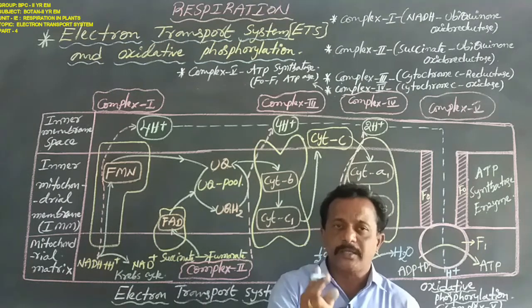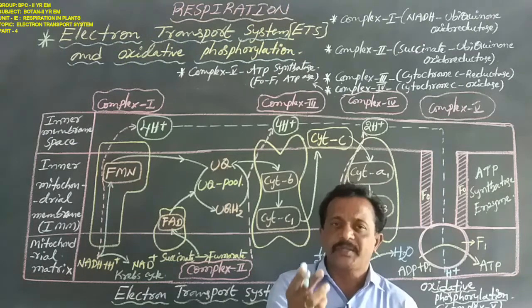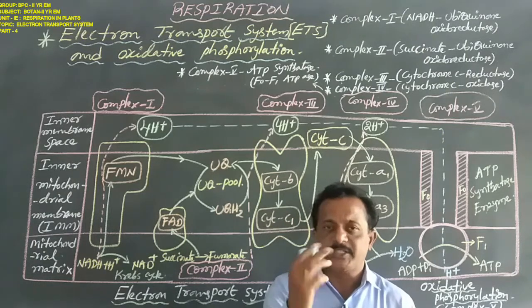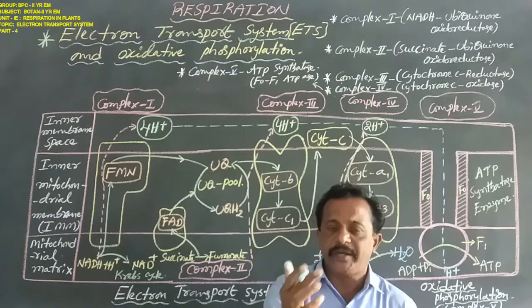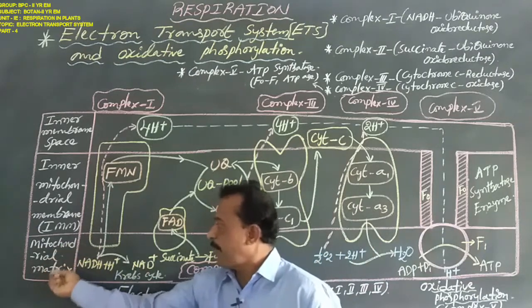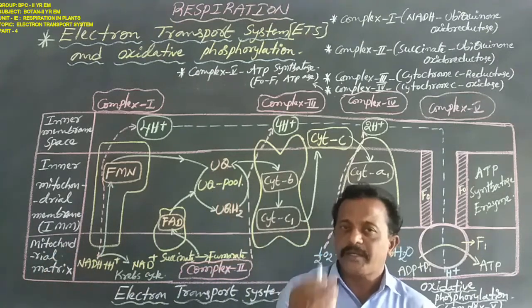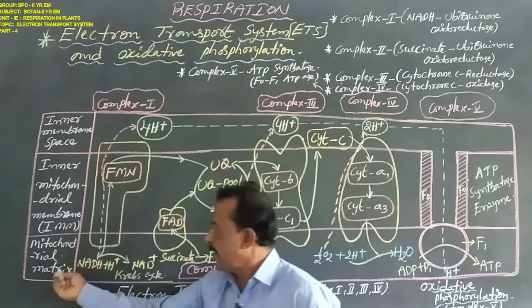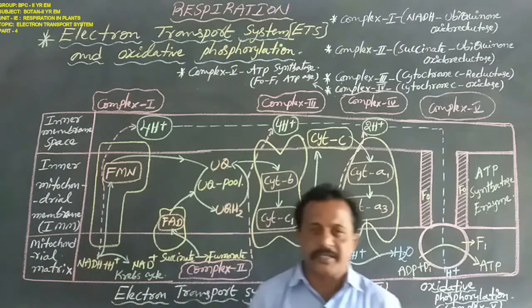Glycolysis is present in both aerobic and anaerobic respiration; this is a common step. Second step in aerobic respiration, pyruvate oxidative decarboxylation, takes place in the mitochondrial matrix. Third step, the Krebs cycle or citric acid cycle or TCA cycle, takes place in the mitochondrial matrix.